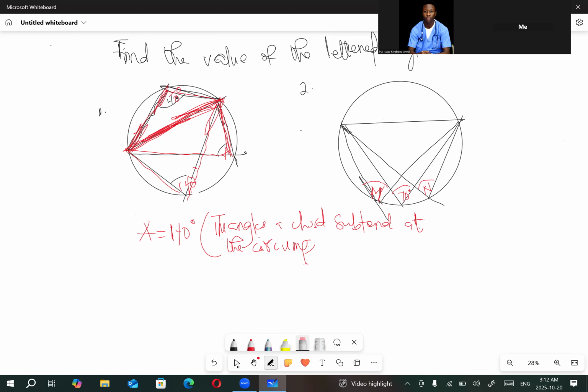When the subject is plural, the verb should be what? Plural. You said the angles, right? So subtend at the circumference, at the circumference in the same segment, are equal.